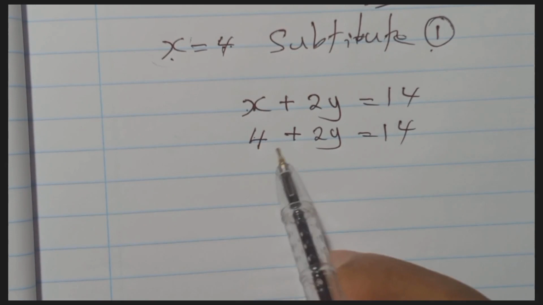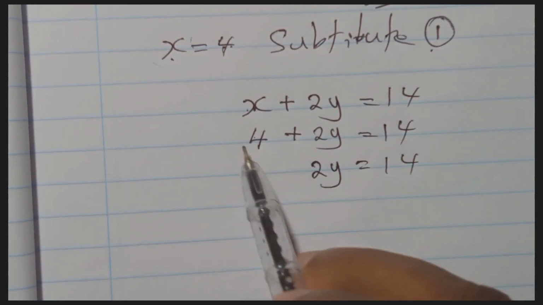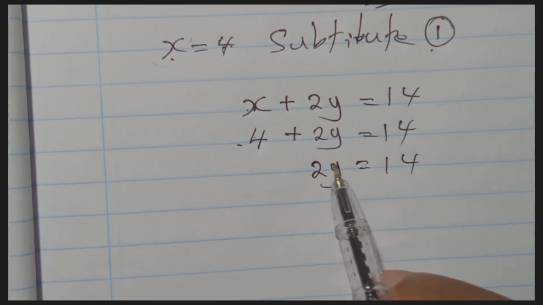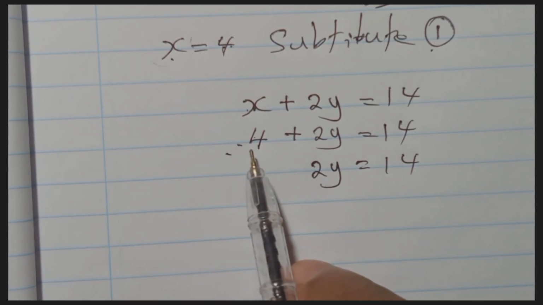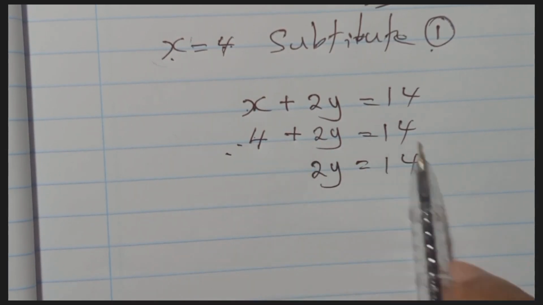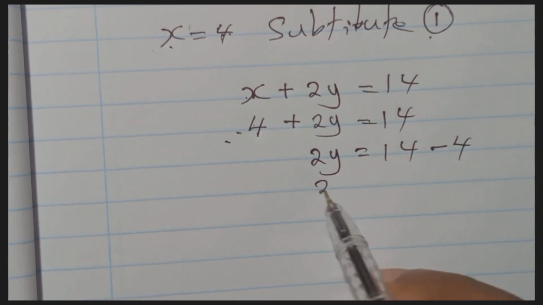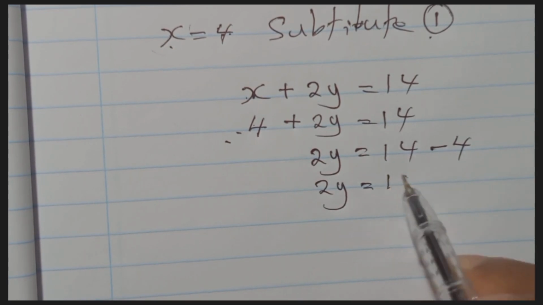Now what we should do? Keep 2y here, 14 here. This plus 4 goes over here. Normally basic idea, you need to make this unknown letter the subject, no? So others you have to remove. This plus 4 when you bring to here, it will be minus 4. Then here you will have 2y equal 14 minus 4, which is 10.